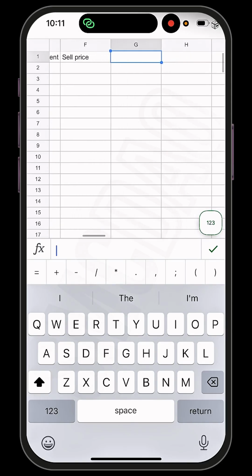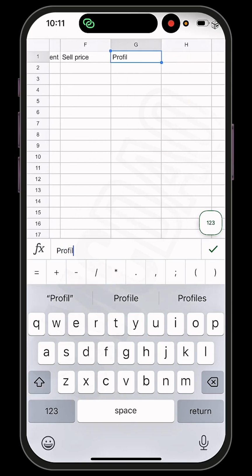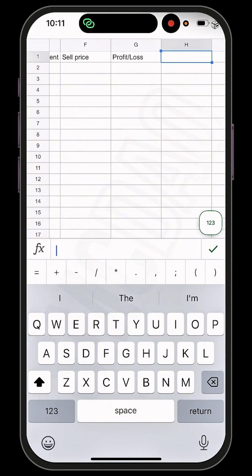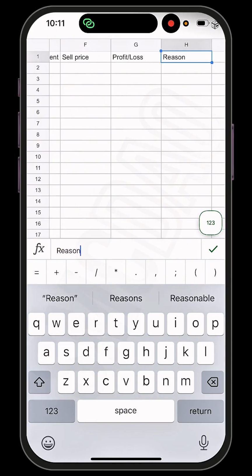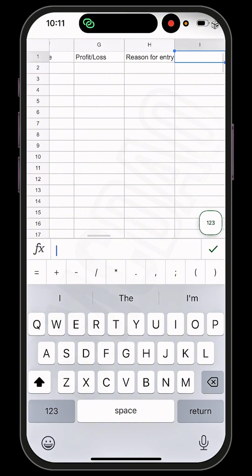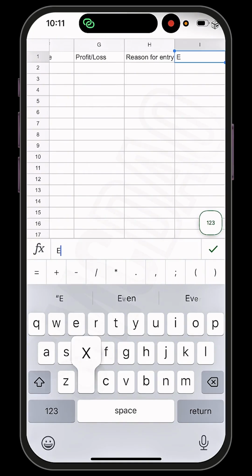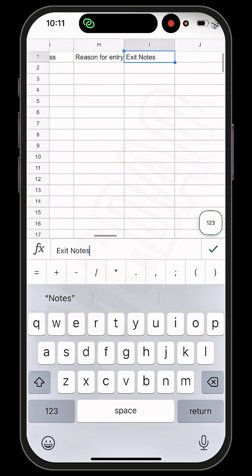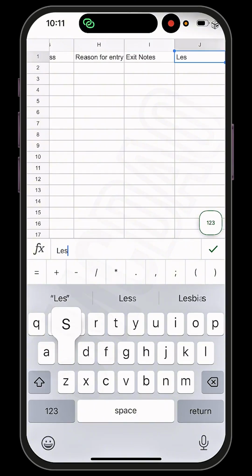Then on G I could have profit slash loss. Then on H I could have reason for entry, because you really need a reason why you entered into this trade. It helps you. And exit note. And on J I could have lessons learned.